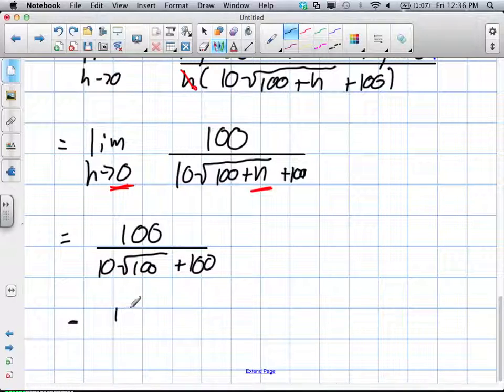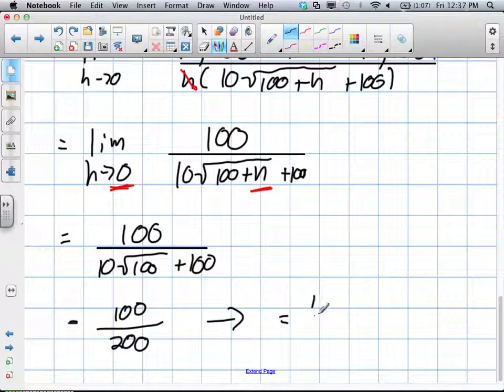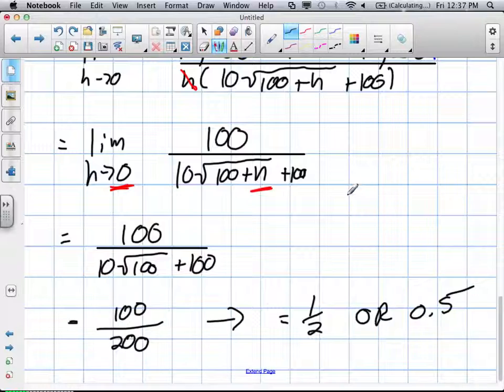This will give us 100 over, root 100 is 10, so 10 times 10 is 100, and 100 plus 100 is 200. So we have 100 over 200. Our answer is 1 over 2, or 0.5. So the rate of change when manufacturing the 100th calculator in terms of dollars would be 50 cents is what it will cost them.